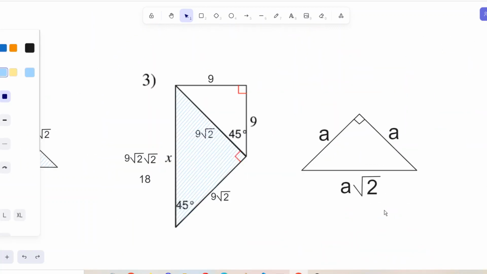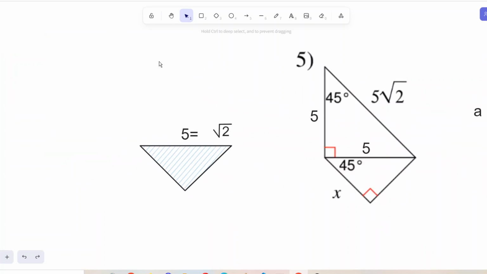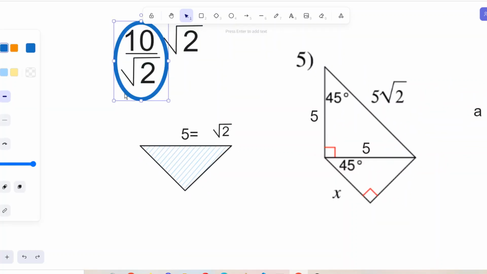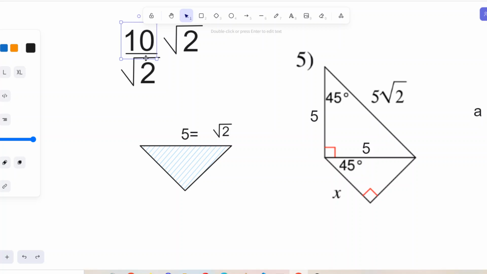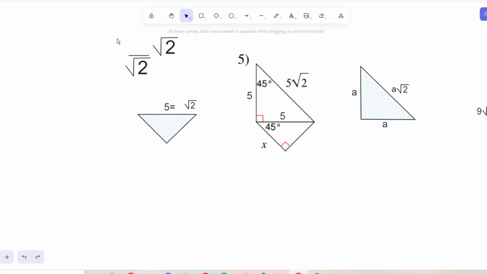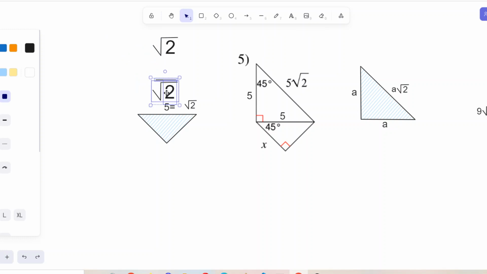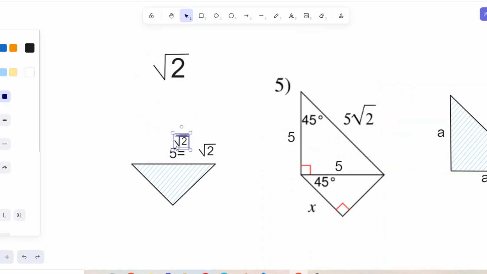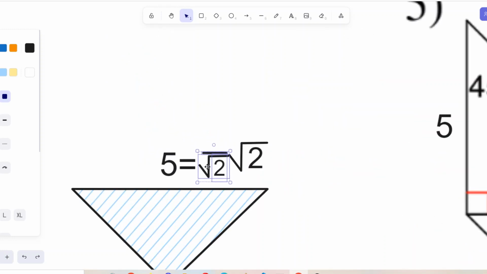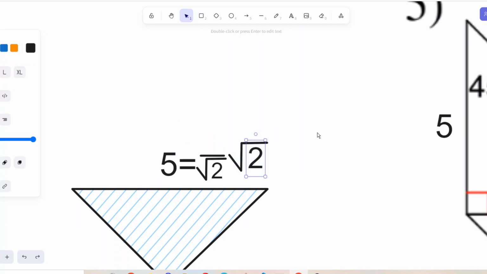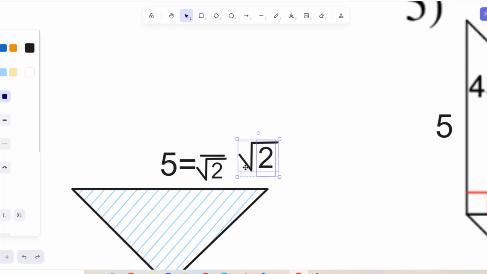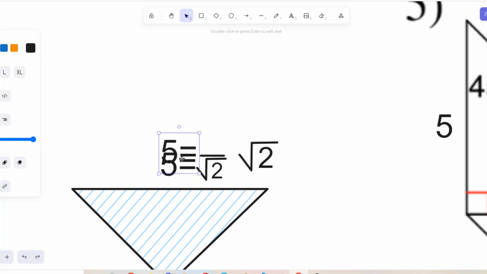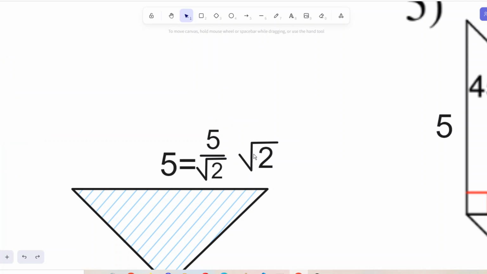So let me just grab this from the other example, bring it over here. Okay, so 5 over root 2 times root 2 equals 5. So we factored out a root 2.